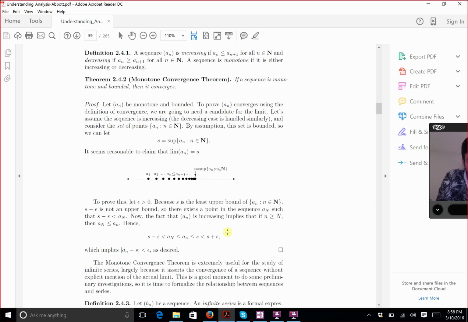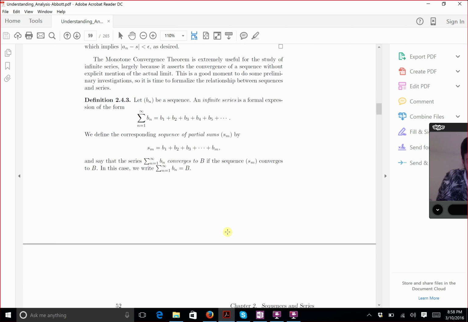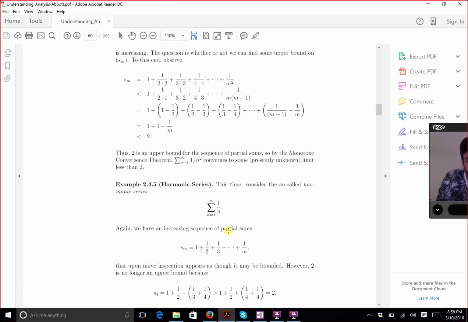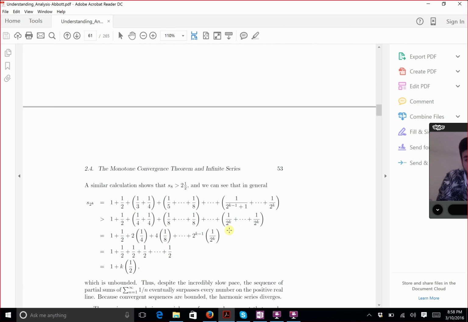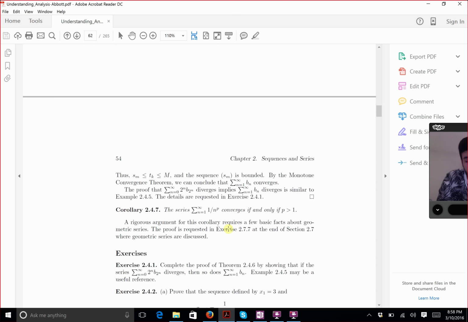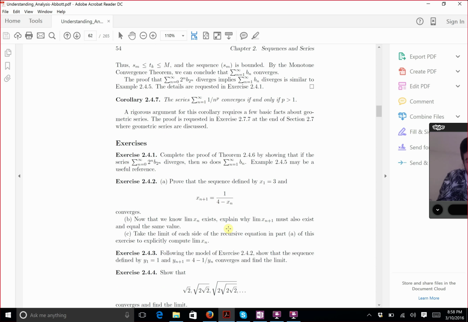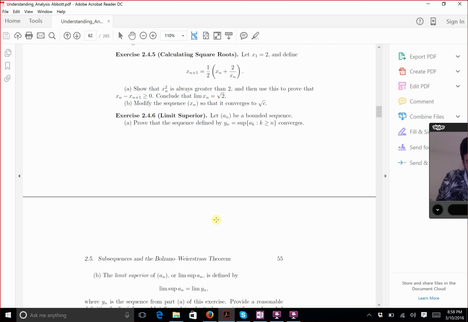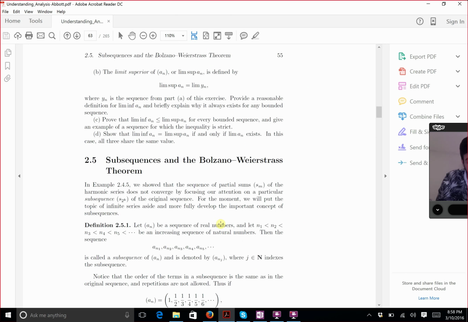Where's the squeeze theorem? Some people call it the sandwich theorem, yeah. Hold on a second, I do want to find it for you because it's an important theorem.